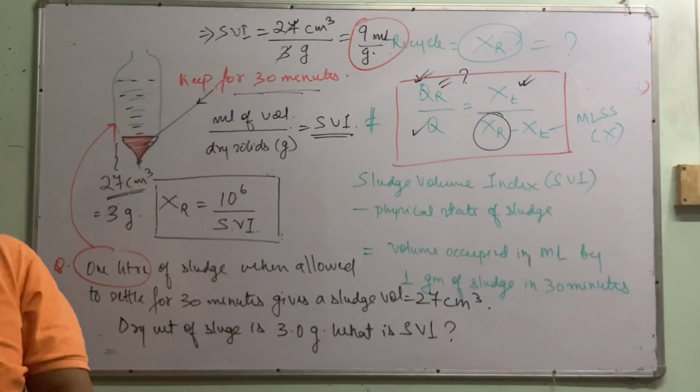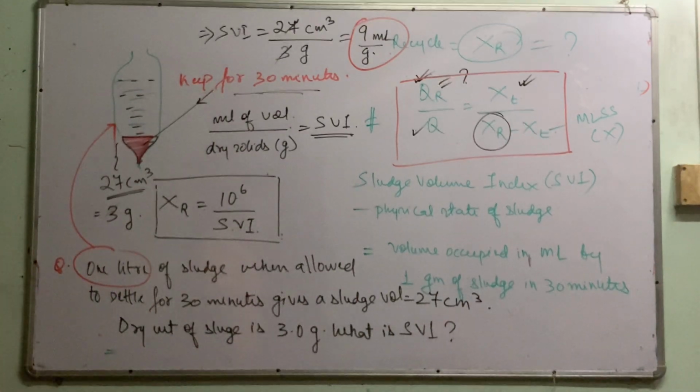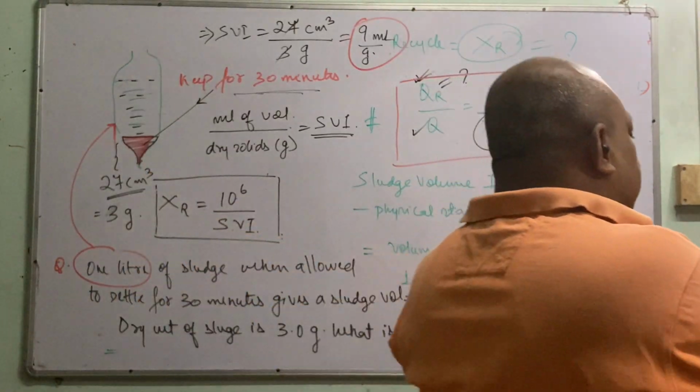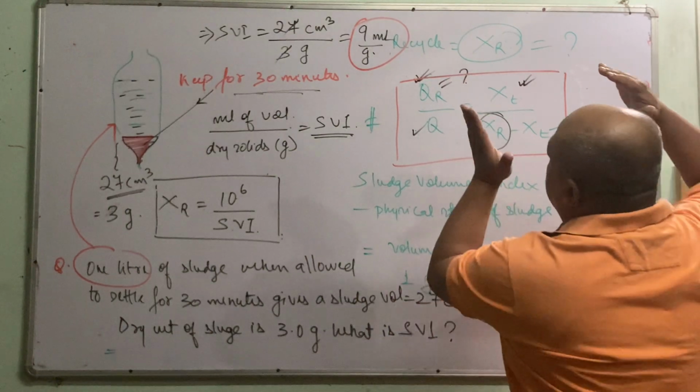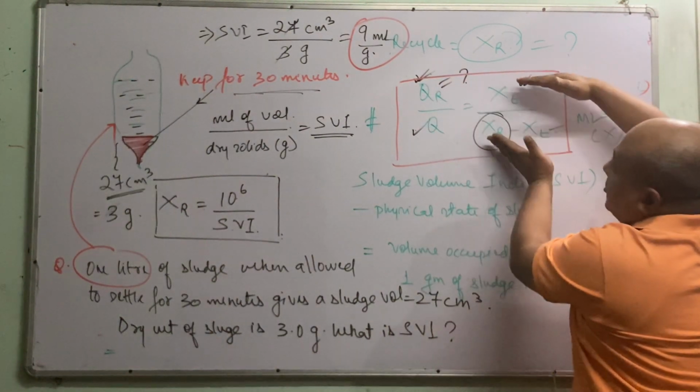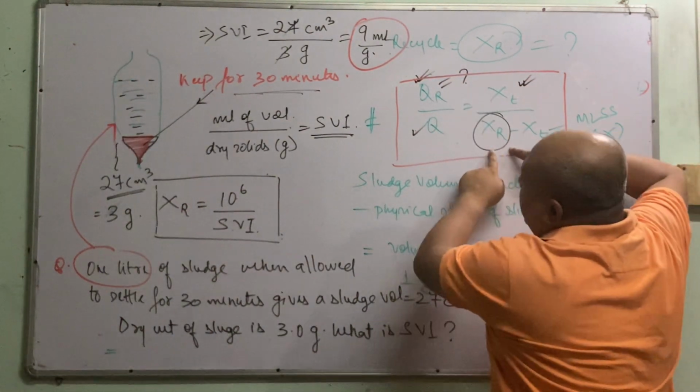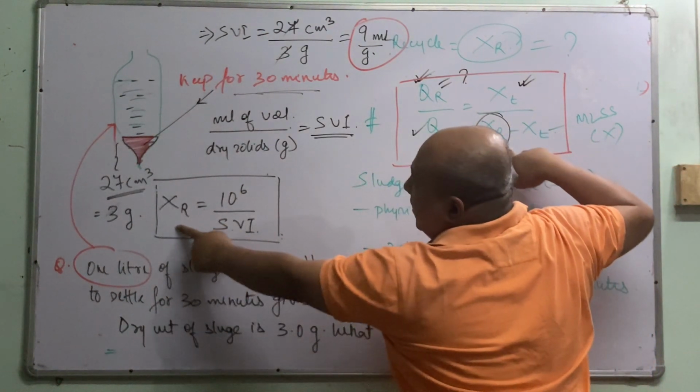Is it okay, clear? So here I would like to add: ASP is already explained, and how much the sludge recycle has to be is explained, and how to correlate the flow rate with the concentration of the sludge, the recycle XR value, is also explained.